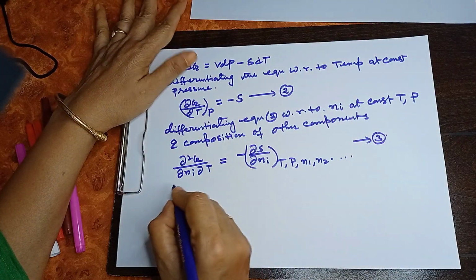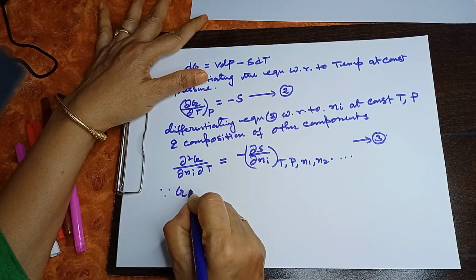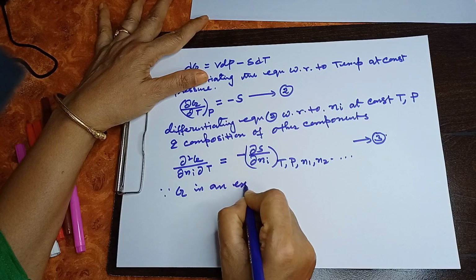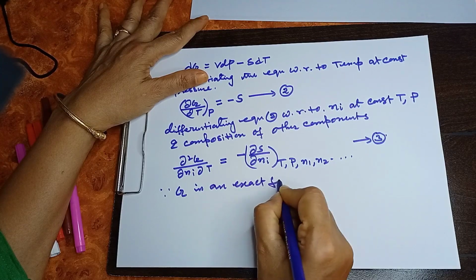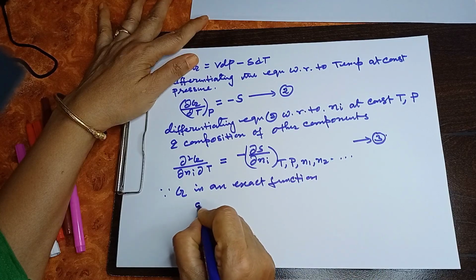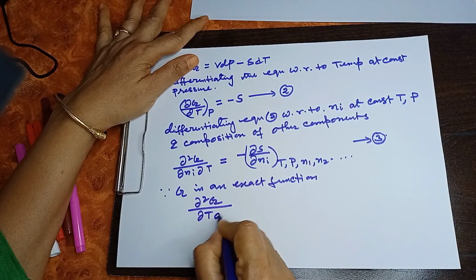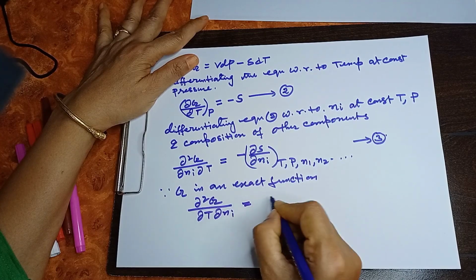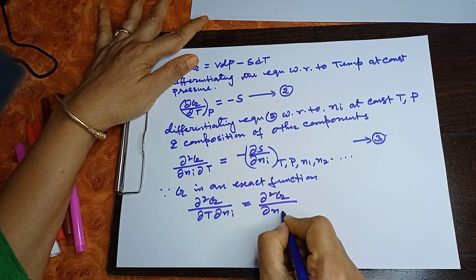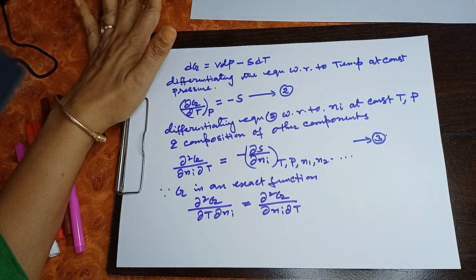Okay. Now, since G, that is Gibbs free energy, is an exact function, what we can write? Dou square G by dou T dou Ni is equal to dou square G by dou Ni dou T. These two are the same.